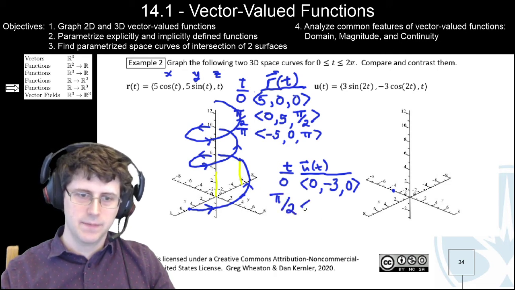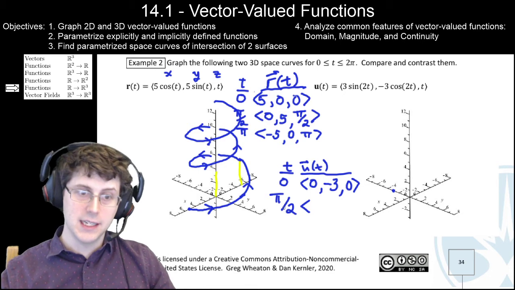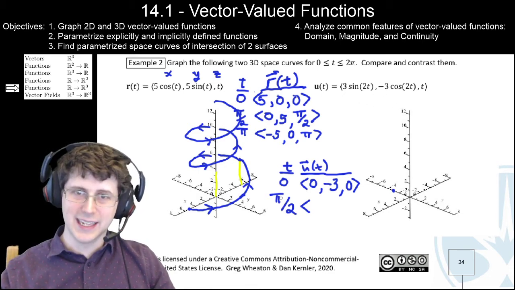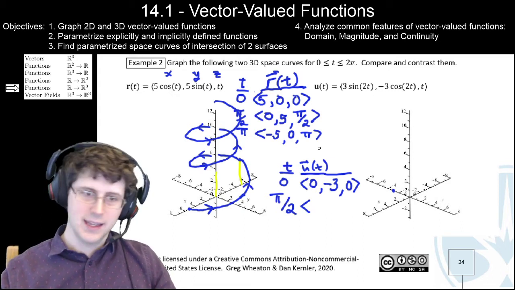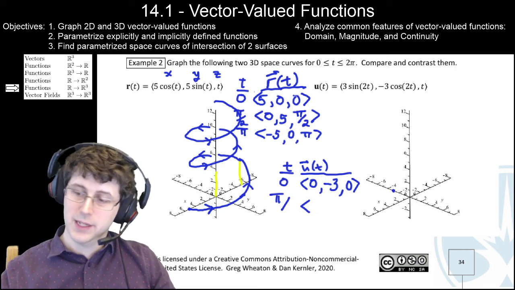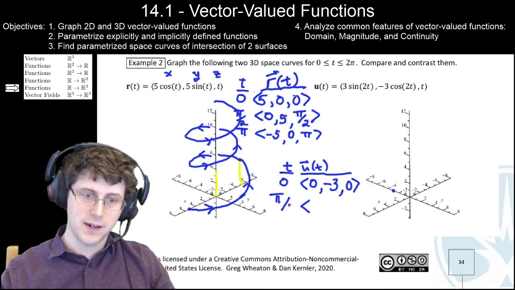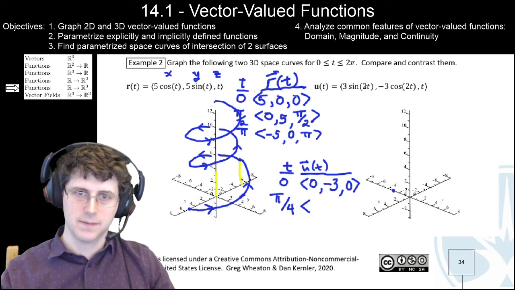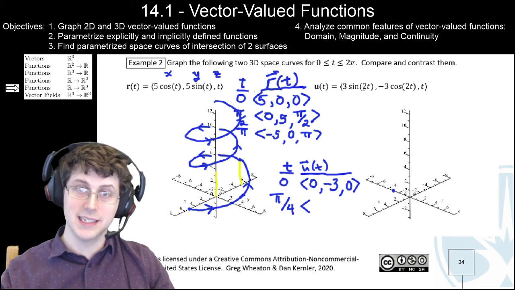Let's try again. Pick another value of t. Because I have sines and cosines, I'm picking nice angles to plug in. In fact, since I have a 2t on the inside, it wouldn't be bad to plug in t equals pi over 4. That gives me another angle inside the trig functions that's easy to evaluate.